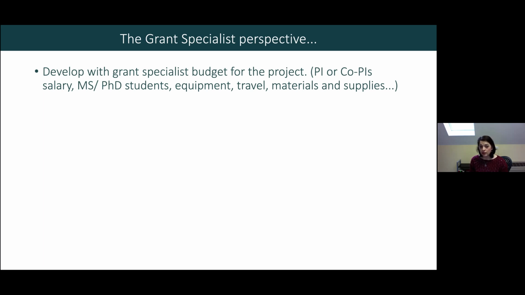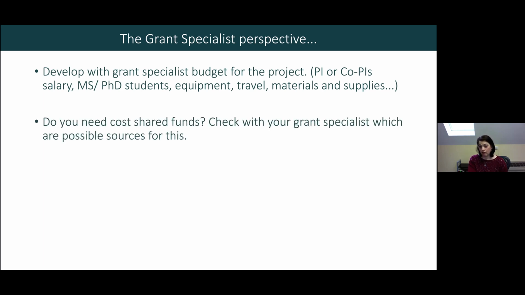How many students? Those are some of the things you might include in your budget, and the grant specialist will help you prepare that budget. Or once you get into the swing of it, you can prepare your projects and budgets by yourself. But in general, your support staff is here to help you with those things.